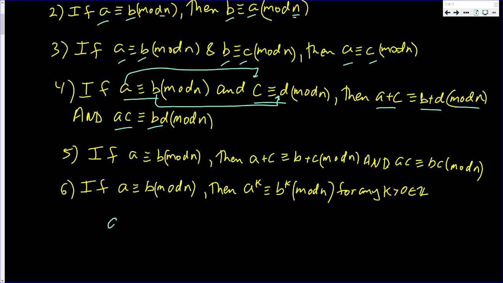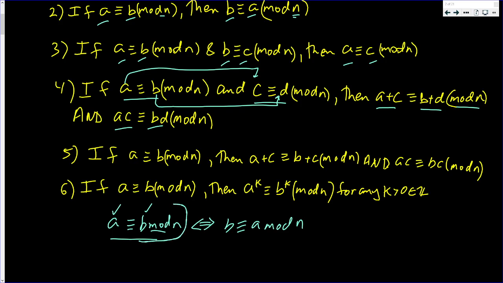Now, why do I say congruent to one another and not a is congruent to b mod n? Well, that's one way of reading this. But remember, this is true, and we're about to prove it, if and only if b is congruent to a mod n. I think this was, yep, it's right there, number 2 above. So basically a and b are congruent to one another mod n.